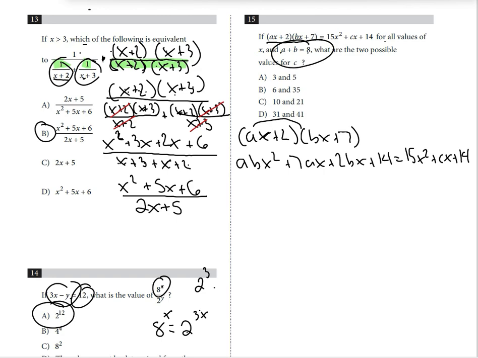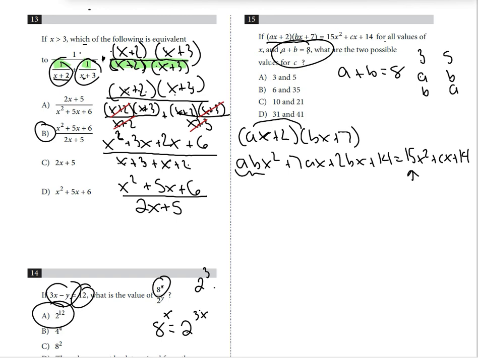So what we can do is we know that a plus b is going to equal 8. From our equation, we also know that if we multiply a times b together, we have to get 15. So our values for a and b have to be 3 and 5. Our question is, is a 3 and b 5, or is b 3 and a 5?